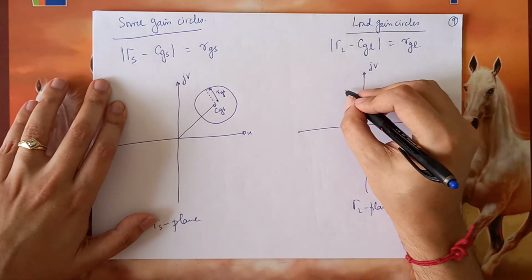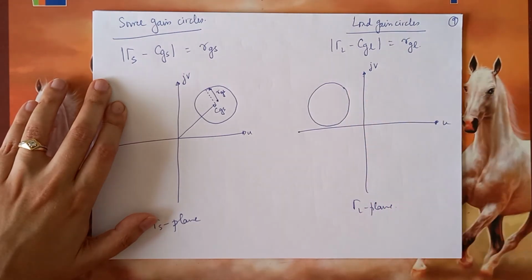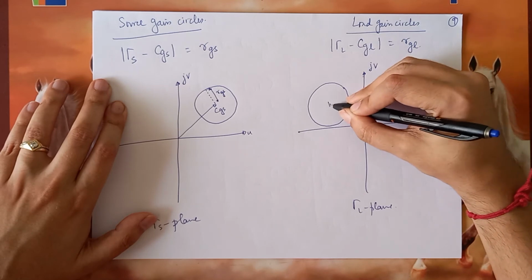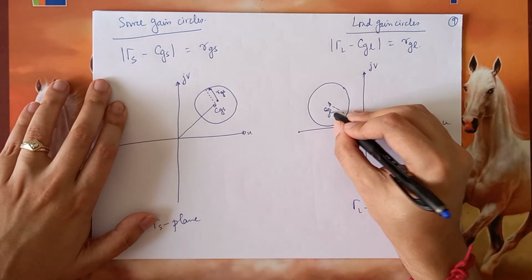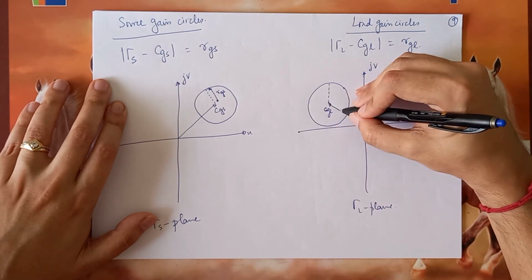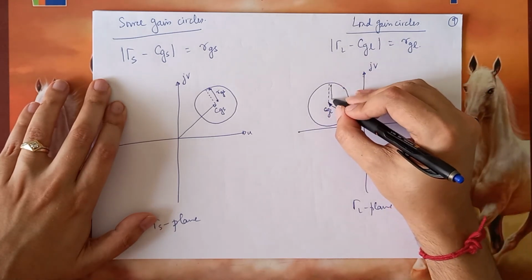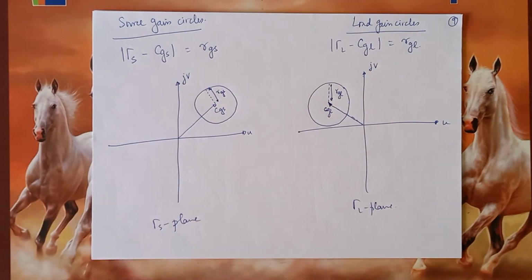Likewise, over here, we can have one circle with respect to the origin. This will be C_GL, and this distance is R_GL.